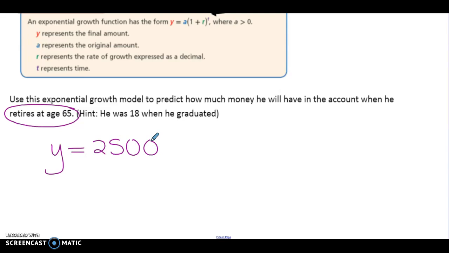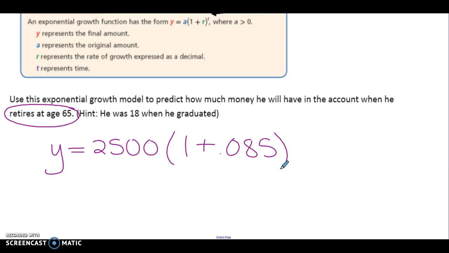That's A, parentheses, 1 plus what's my rate as a decimal? 0.085. Close the parenthesis, and t is time.